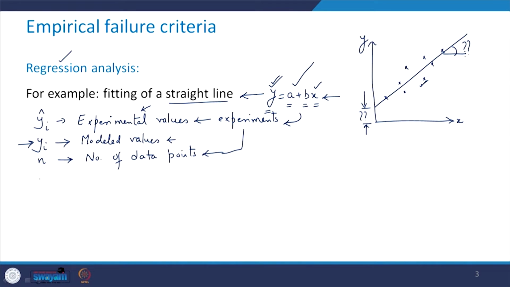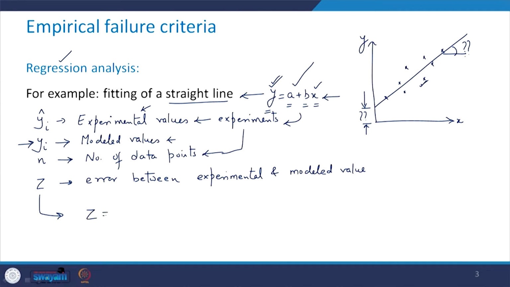So I define another term z, that is the error between the experimental and the modeled value, which is defined as z equal to summation i equal to 1 to n, because n is the number of data points, of (yi cap minus yi) whole square.